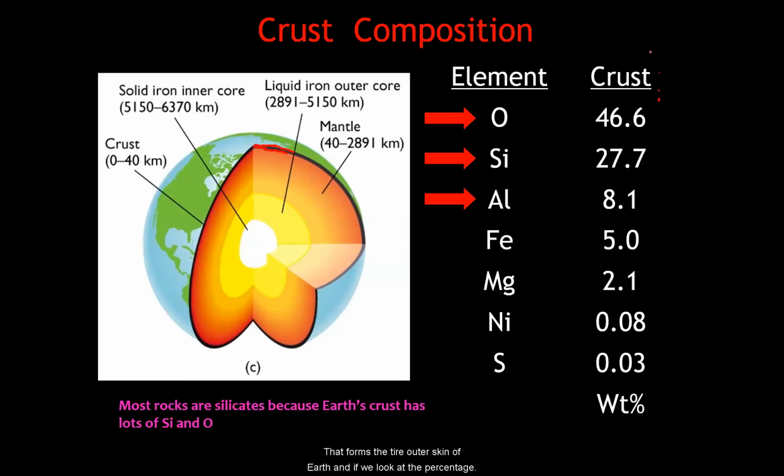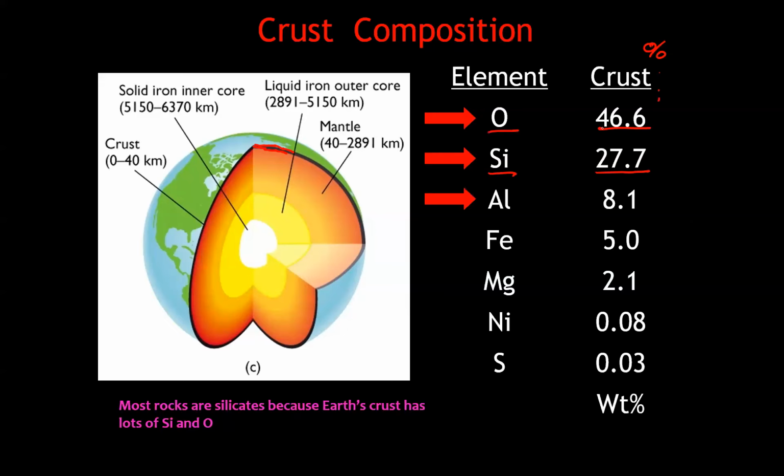And if we look at the percentage of just the atoms, excuse me, that end up in Earth's crust, we'll see that almost half of those atoms are oxygen. And then more than half of what's remaining is silicon. We have so much silicon and oxygen at Earth's surface that they can't help but combine into silicate minerals.